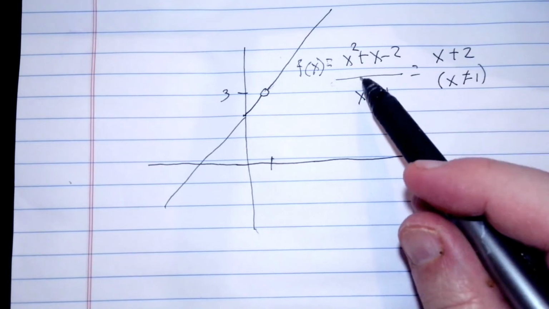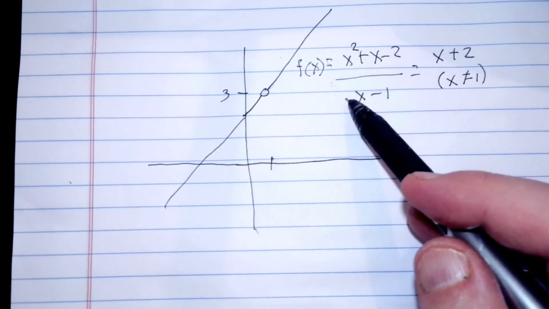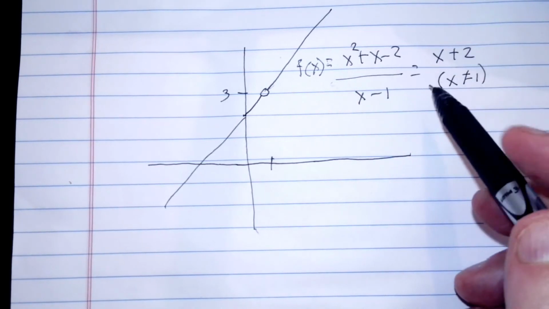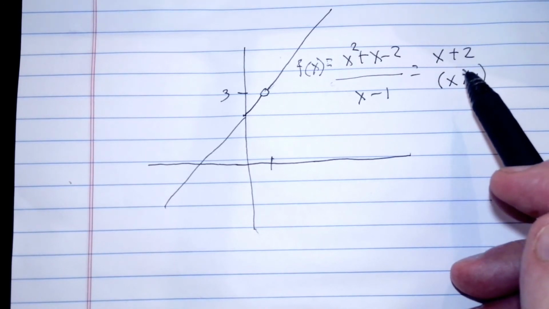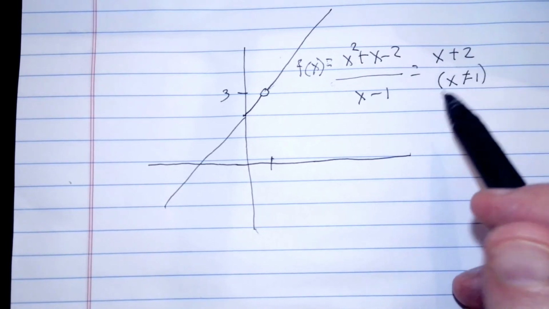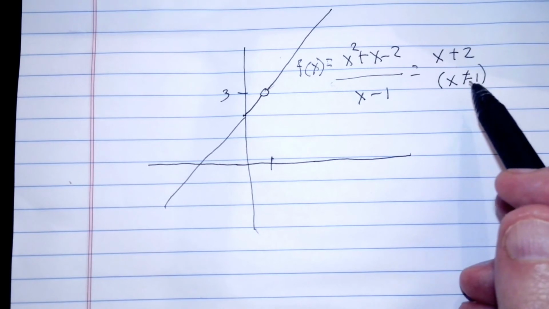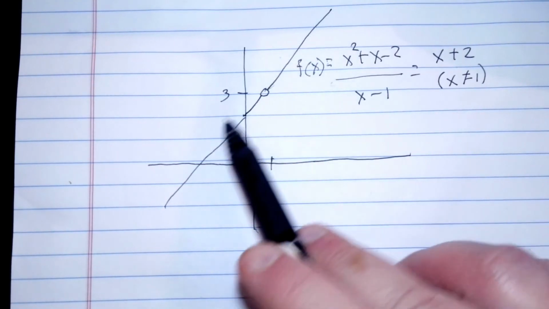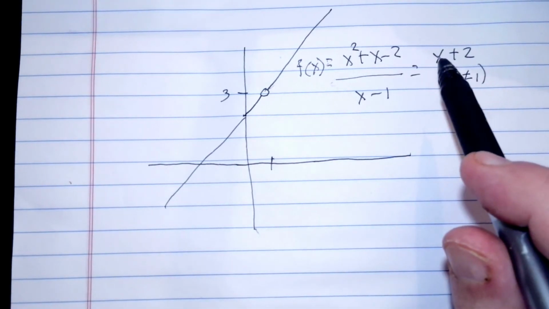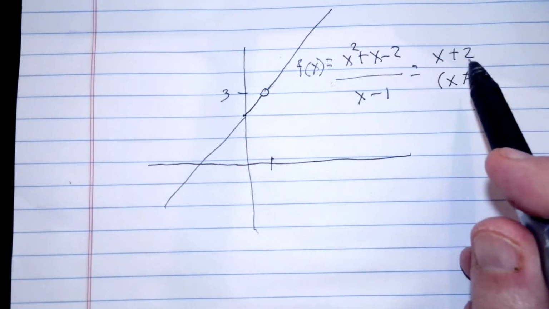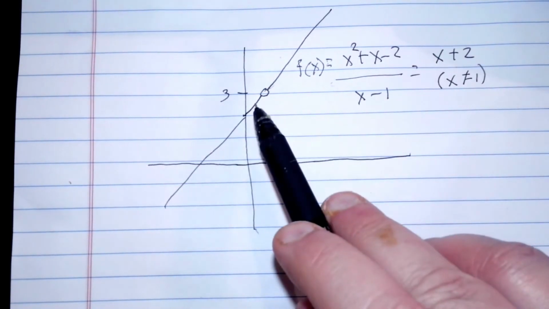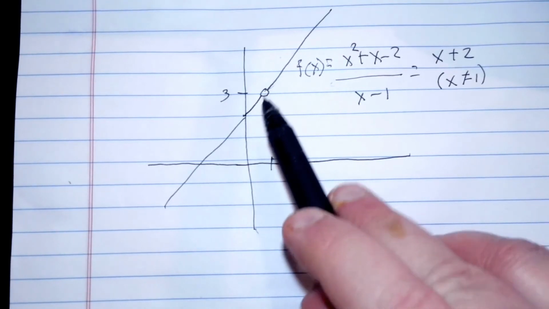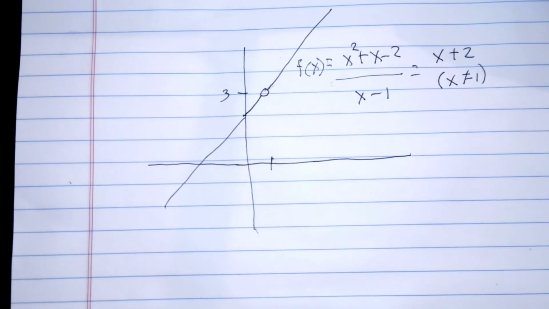Remember that this function, x squared plus x minus 2 over x minus 1, is identically equal to the function x plus 2 as long as we stipulate that x is not allowed to be 1. So I drew the graph of x plus 2, a line of slope 1, y-intercept 2. But then when I got to x equals 1, I just omitted that point.